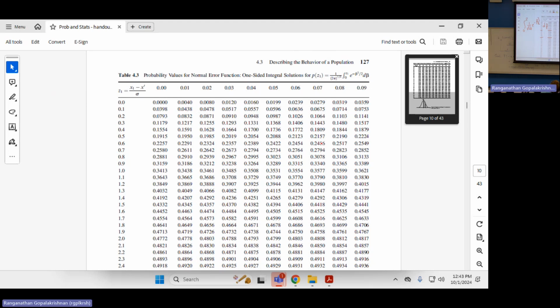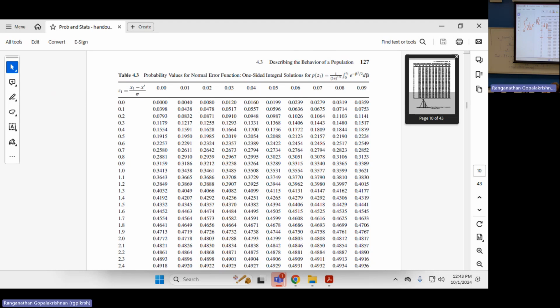This is -1 to 0.5, 1 over square root of 2 pi e power minus beta squared over 2 d beta. You are with me? This is -1 to 0 of this thing plus 0 to 0.5 of the same function. We are together?